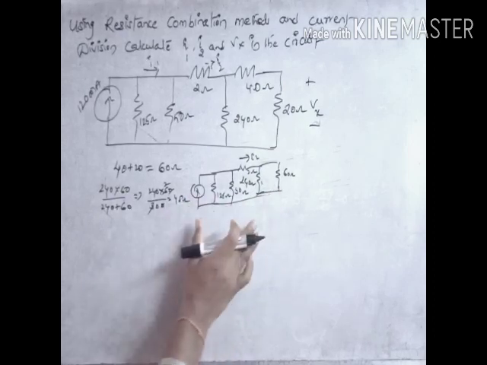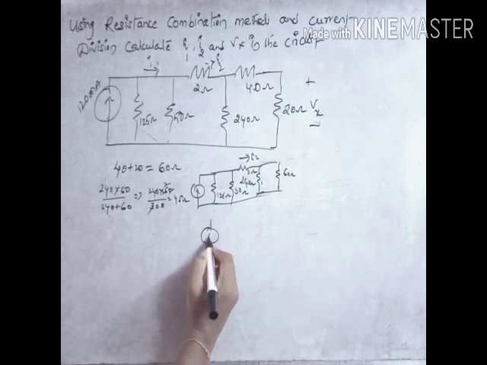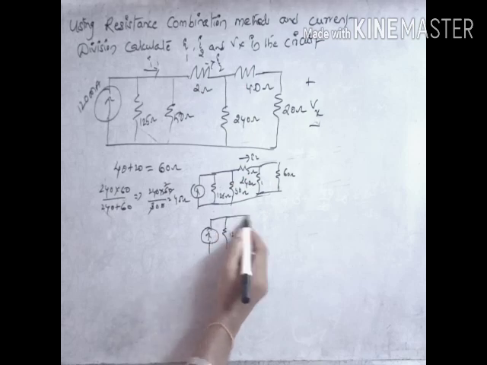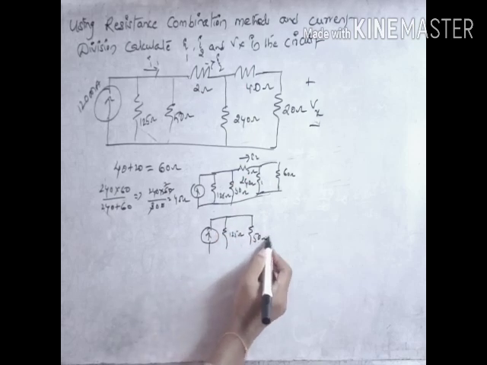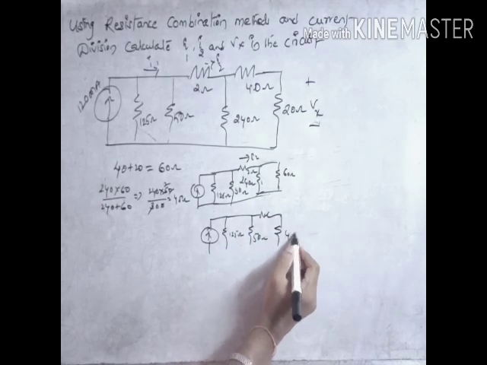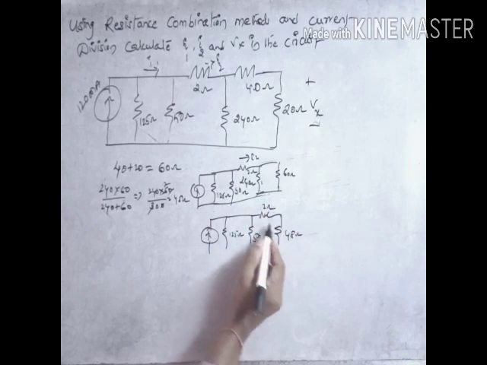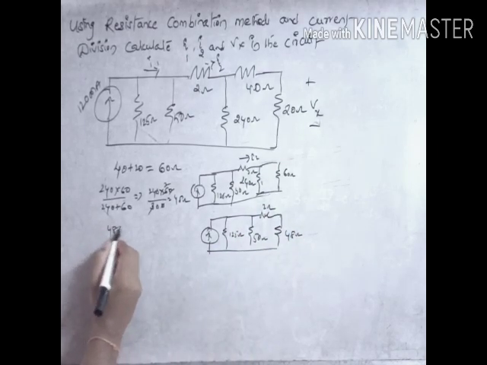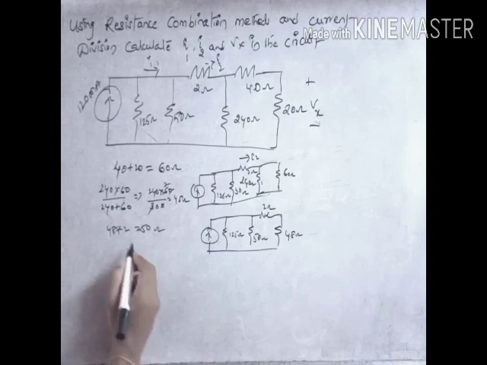Again, if we reduce this network, this is how it looks: 50 ohms and 2 ohms, and this combination is reduced to 48, and these two are in series again, that is 48 plus 2, equal to 50 ohms.